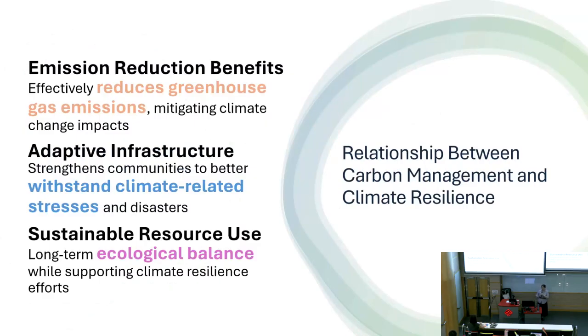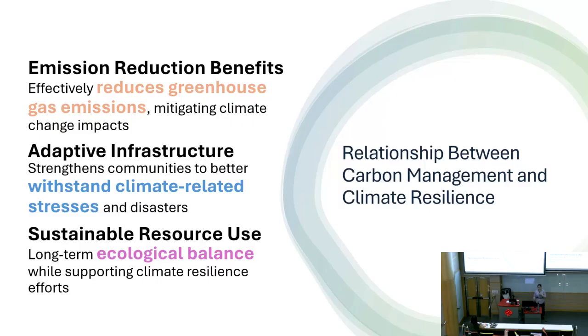As I've mentioned just then, carbon is actually a major playing factor in climate resilience and climate impacts. By reducing greenhouse gas emissions, carbon emissions, we are mitigating climate change impacts.